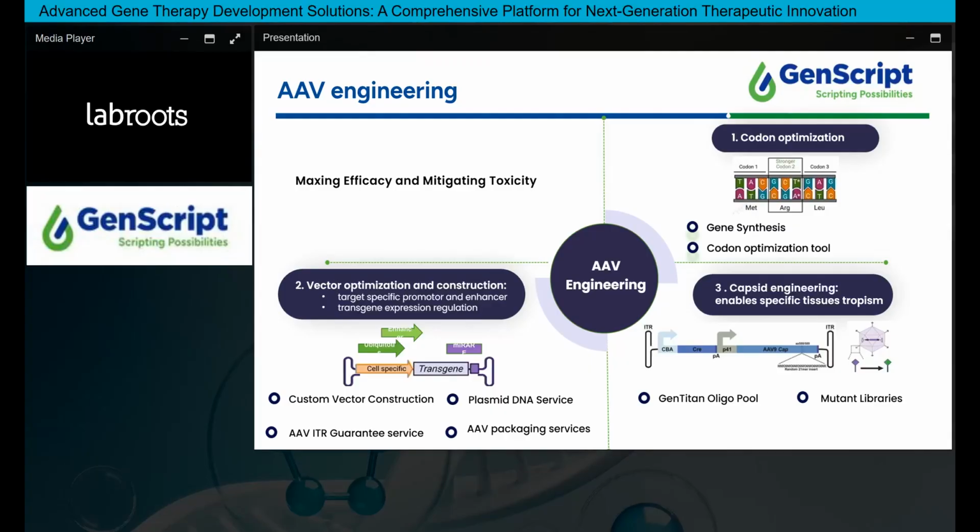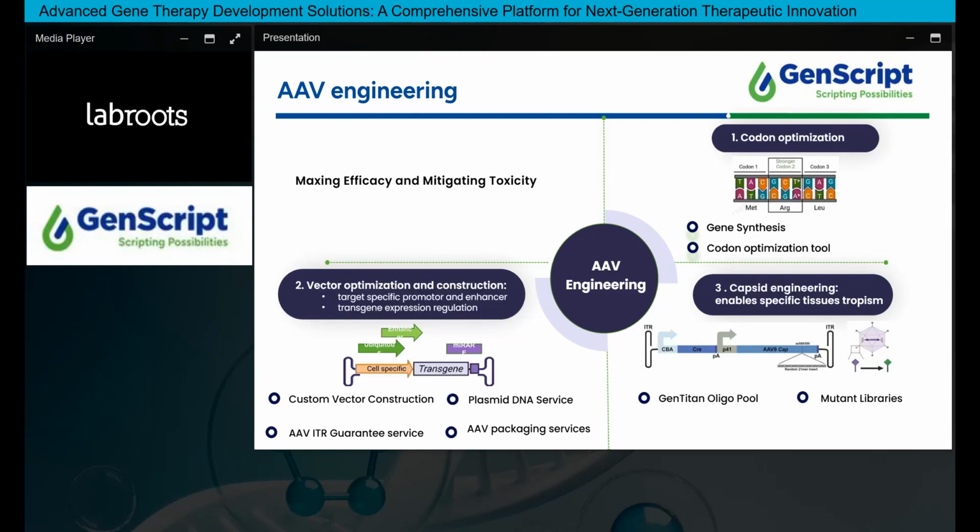Similarly, the AAV field is aiming to maximize efficacy and mitigate toxicity in the following three areas: first, gene insertion, codonization; second, vector optimization and construction, including target-specific promoters and enhancers and transgene expression regulatory elements; third, capsid engineering, which enables specific tissue tropism.